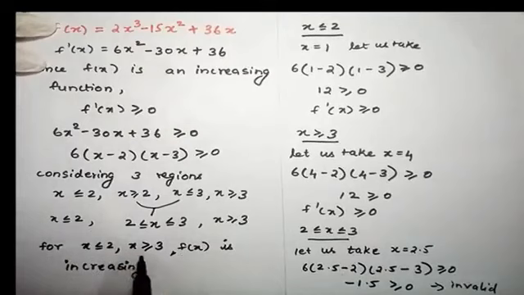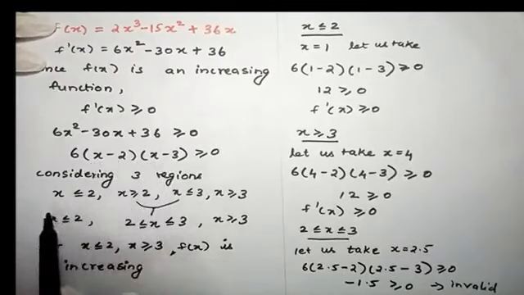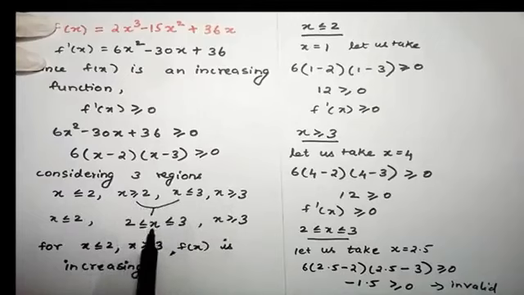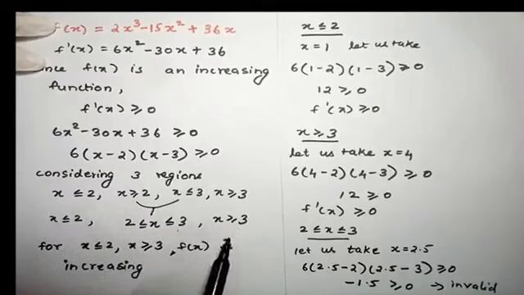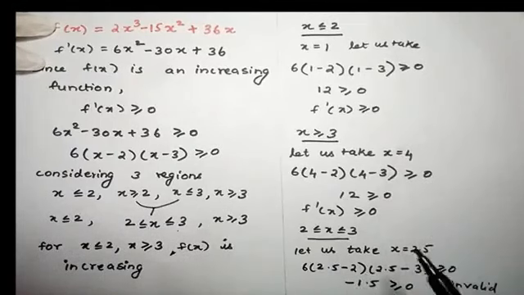So whenever you get two values, better consider the three regions and link it together and make it a single region. Then take these three regions and confirm for which region the function is decreasing or increasing. So we conclude here, for x less than or equal to 2 and x greater than or equal to 3, the function is increasing.